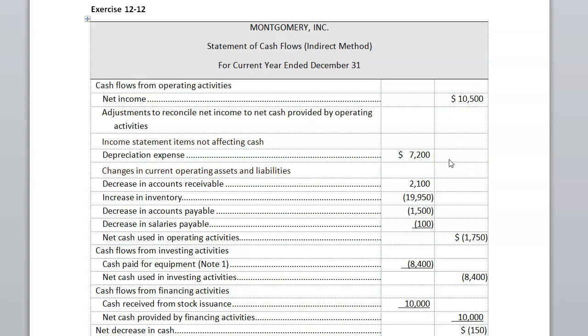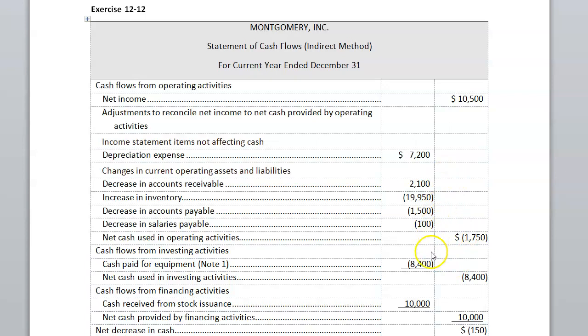Then we look at the changes in our current operating assets and liabilities. The decrease in accounts receivable is going to be an increase in cash. The increase in inventory is a decrease in cash. The decreases in the two current liabilities, accounts payable and salaries payable, are decreases in cash.